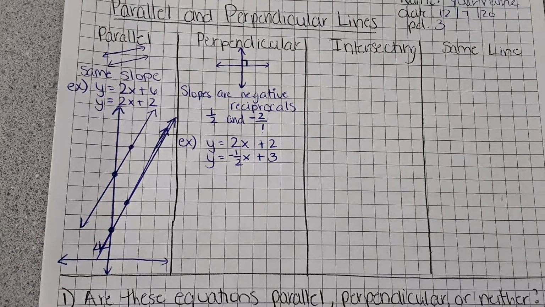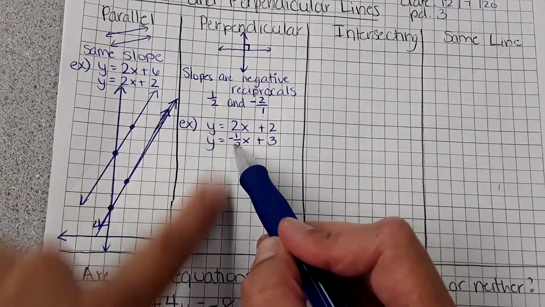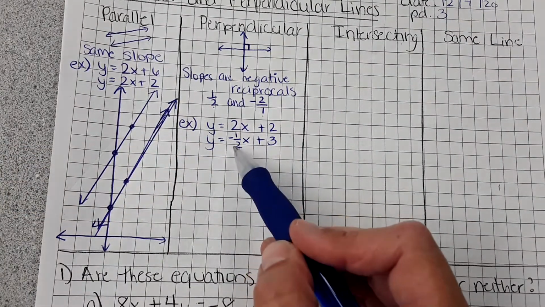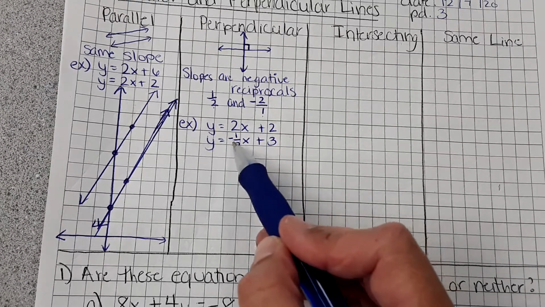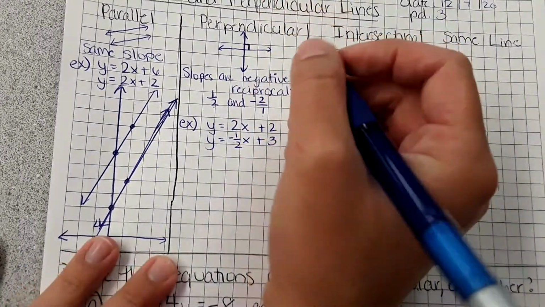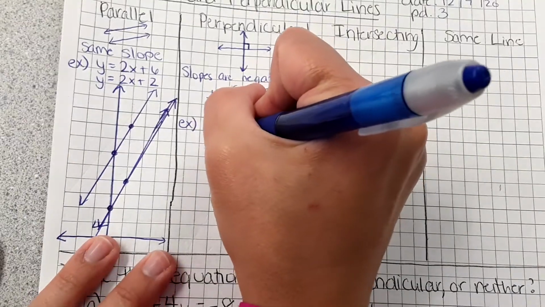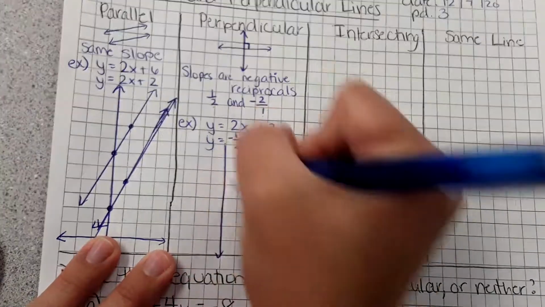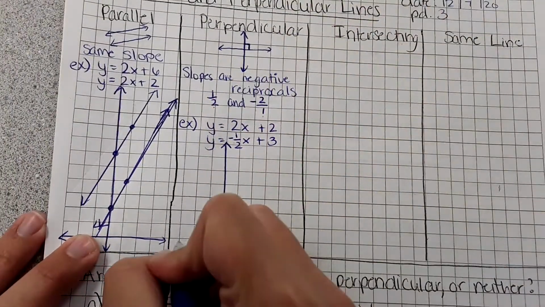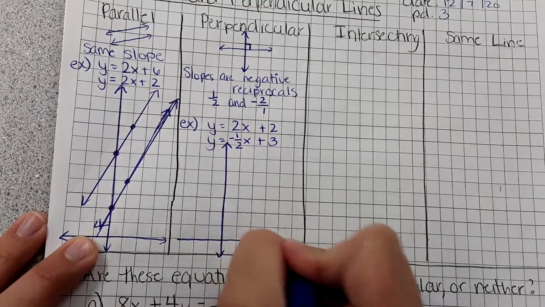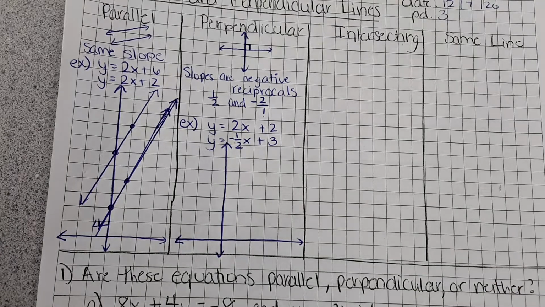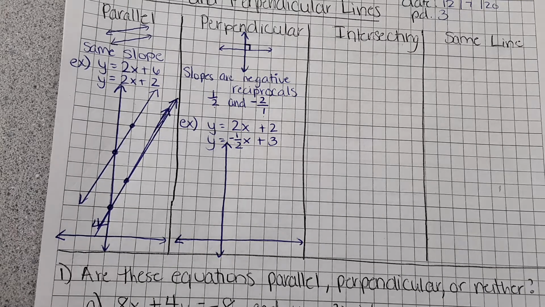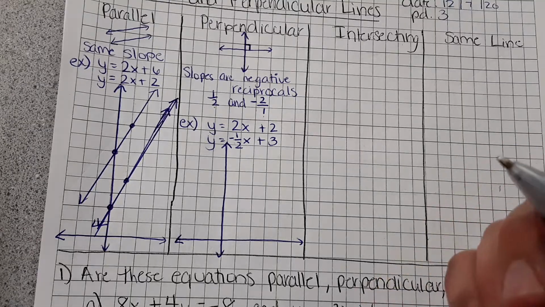Okay, so before we even graph it, we can just look at the slopes and see that they're going to be perpendicular. Their slopes are negative reciprocals. 2 over 1 would flip to 1 over 2, and it becomes negative. If you were looking at it in a graph, use the rest of this here to graph it. And again, if you forget the rules or anything, you could always just graph it and see if they're perpendicular or parallel or whatnot.